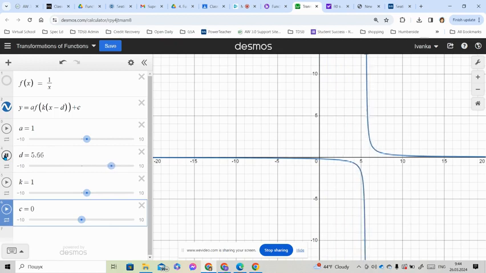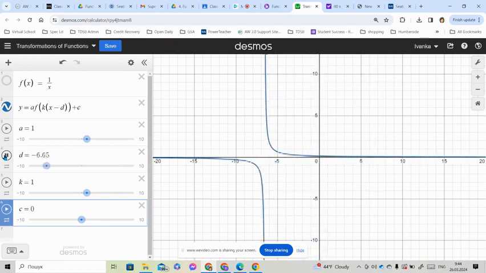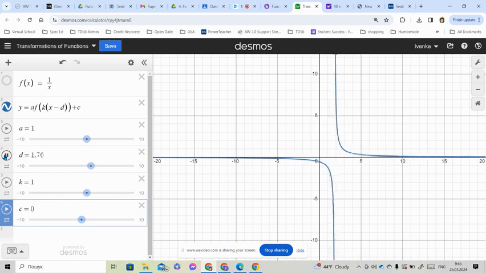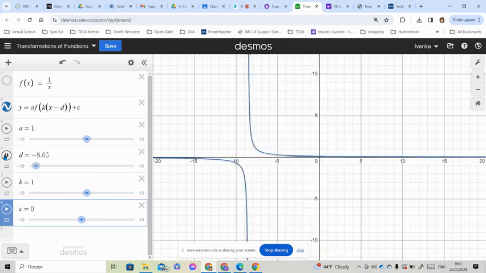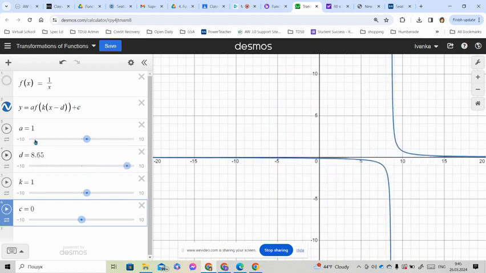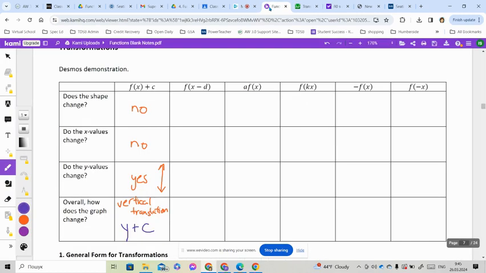Let's press play. Isn't that so fun? Come on, this is like better than any movie. Okay, are you correct? What do we call this? Horizontal translation. Is the shape changing? Are the y values changing? Okay, excellent. So the D, does the shape change? No, it doesn't.